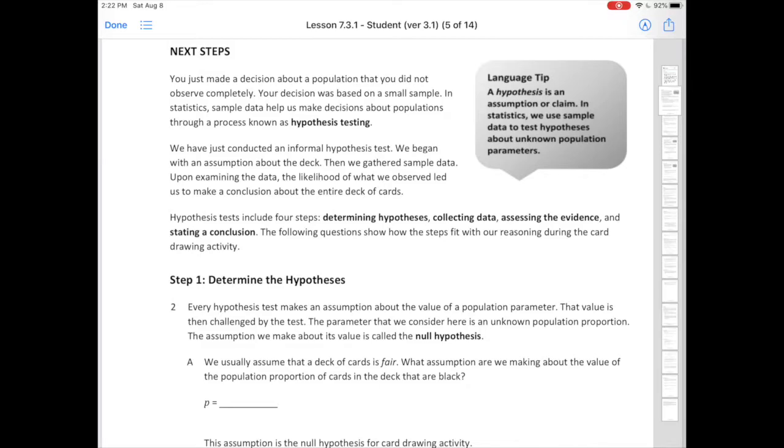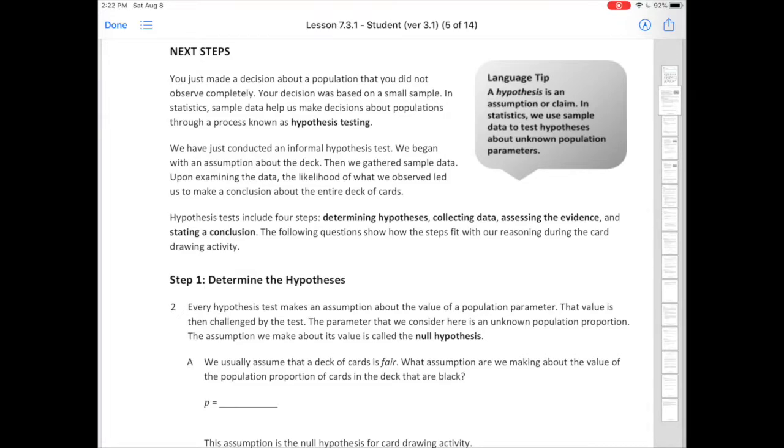It says, a hypothesis is an assumption or claim. In statistics, we use sample data to test hypotheses about unknown population parameters. So think about it this way, right? Somebody makes a claim, and we are trying to test to see if the evidence supports that claim or not. Okay?